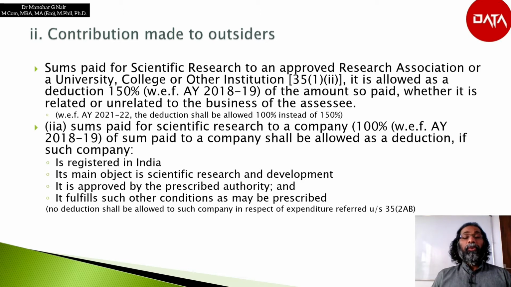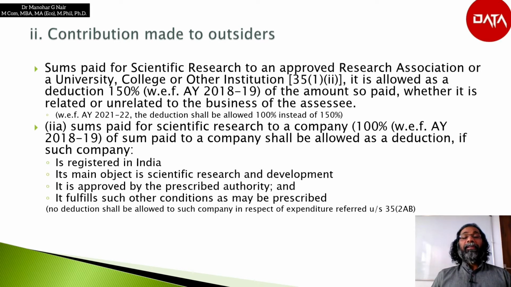The point 2a says sums paid for scientific research to a company, 100% with effect from the assessment year 2018-19. The sum paid to a company shall be allowed as deduction if such company is a registered company in India. Its main objective is to carry out scientific research.